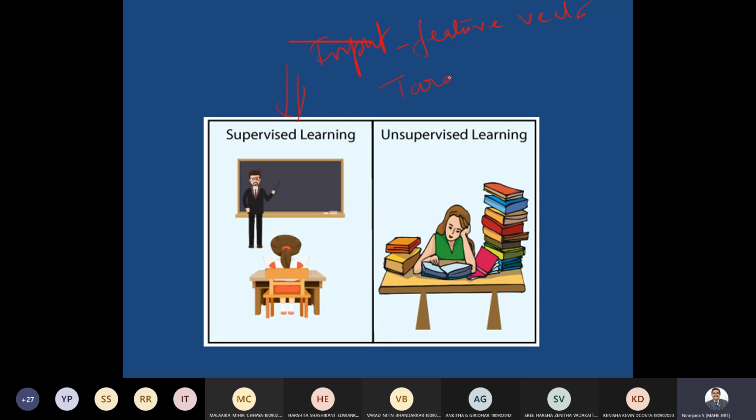For that input, what is desired as a label is kept in vector form. For a given input, you may be expecting normal; for another input, you may be expecting abnormal. If it is known and labeled, it will have a labeled target, right?